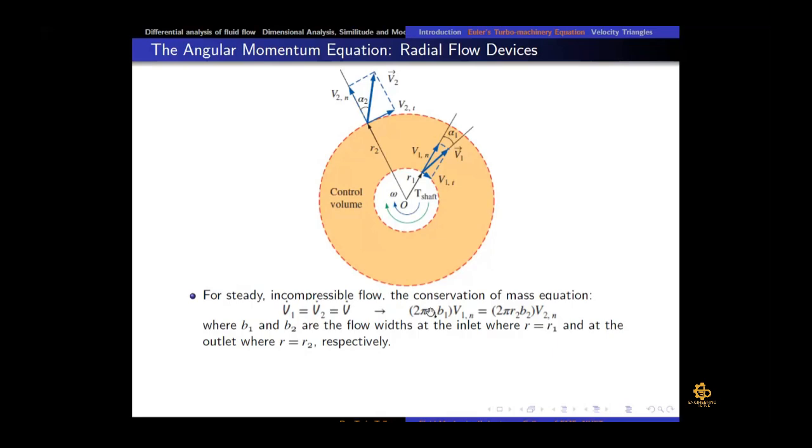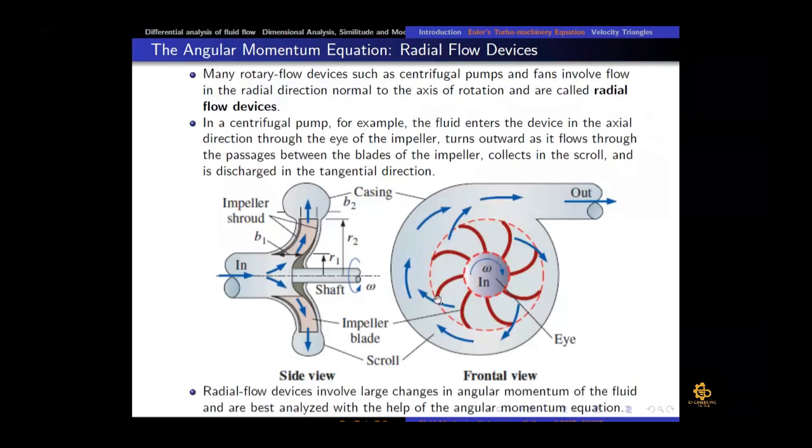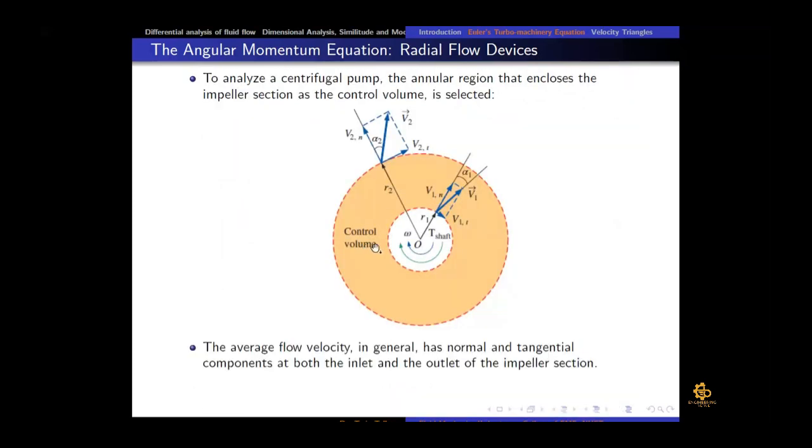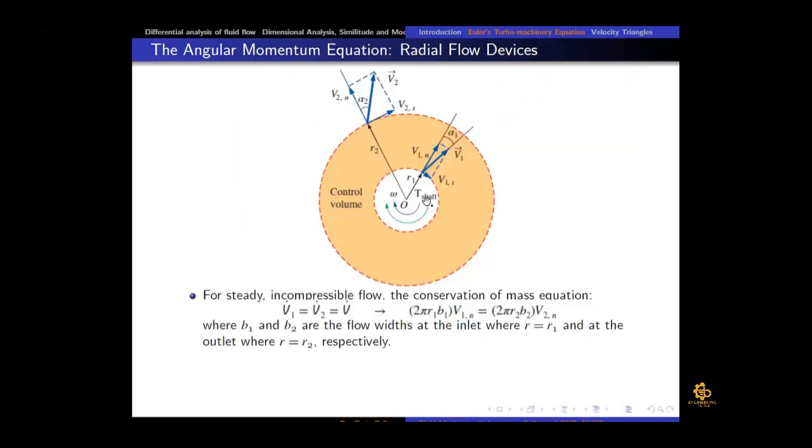So B1 and B2, as I have explained, B1 is the gap shown here, which is less, but as we move away we can see that this gap increases. So that's why B1 would be less than B2, right?